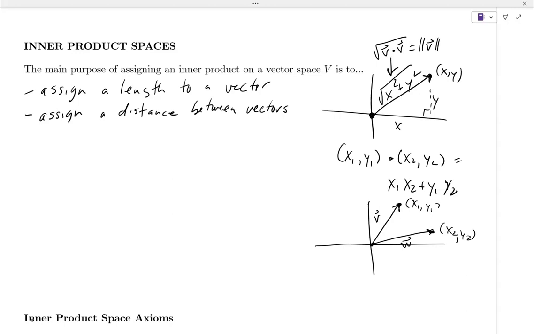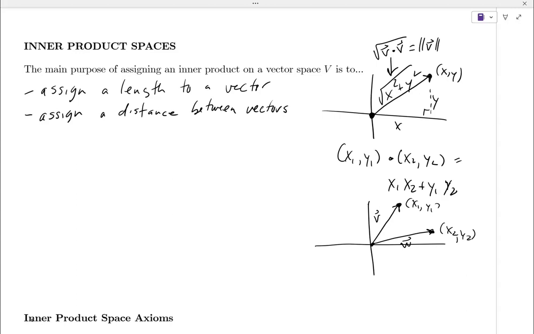I want to know what the distance between these vectors is. And when we say distance between vectors, in the Euclidean sense we really mean distance between their terminal points. Because hopefully it's pretty obvious that the distance between points down here closer to the origin is smaller than the distance the farther we get away from the origin, right?